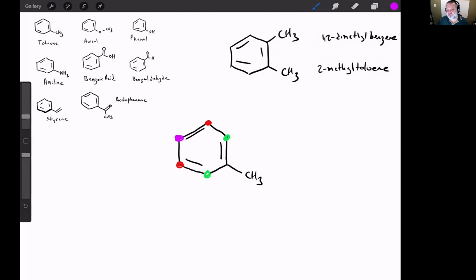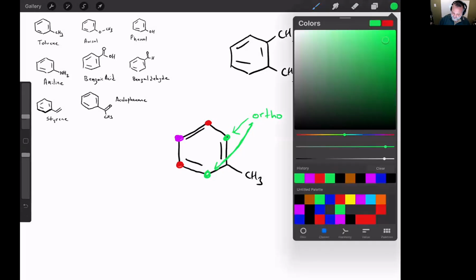So this works essentially only with di-substituted benzenes or with a benzene that has a common name, as in toluene. And so if I were to think about these different positions, they have names. This is the ortho position, and so that means that so is this. And what that implies is that the position that is one space away from the substituent that we're referring to is the ortho position.